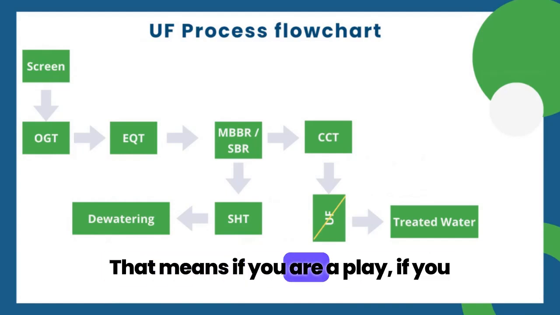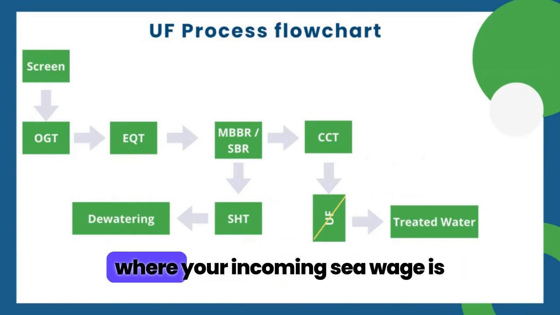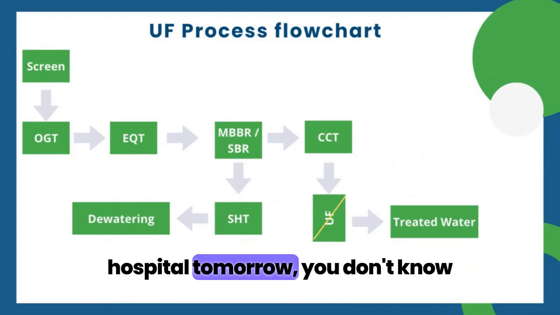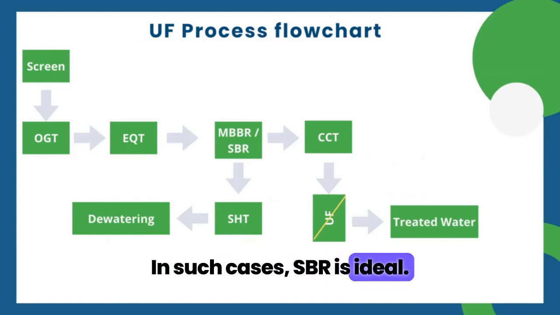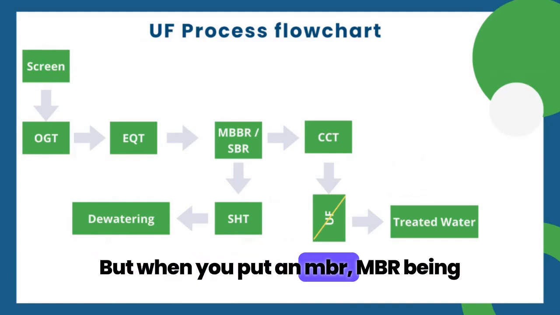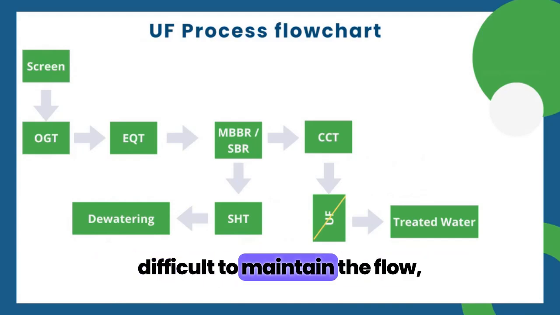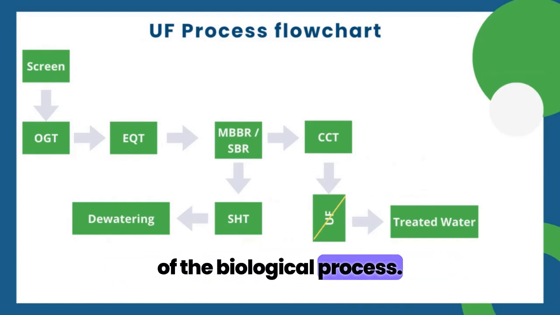That means if you are in a place like a hotel, hospital, where your incoming sewage is fluctuating, you don't know how many people are going to be there in the hospital tomorrow. You don't know what will be the occupancy in your hotel tomorrow. In such cases, SBR is ideal. But when you put an MBR, being a biological system, it's very difficult to maintain the flow, very difficult to maintain the integrity of the biological process.